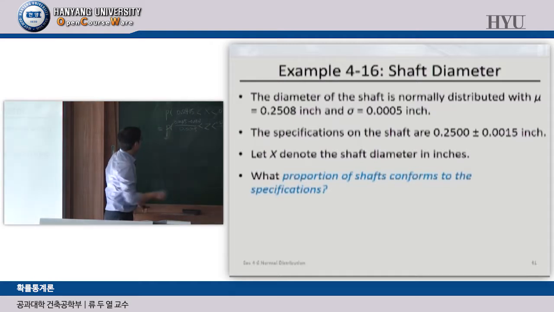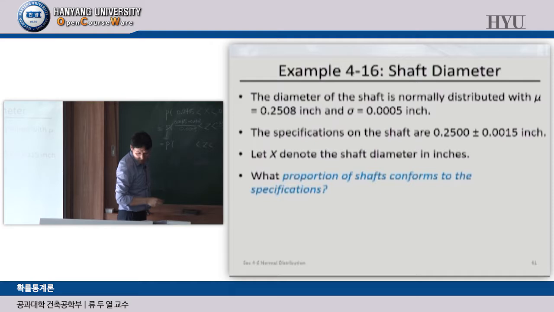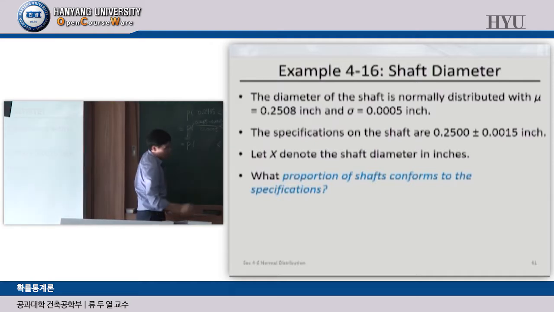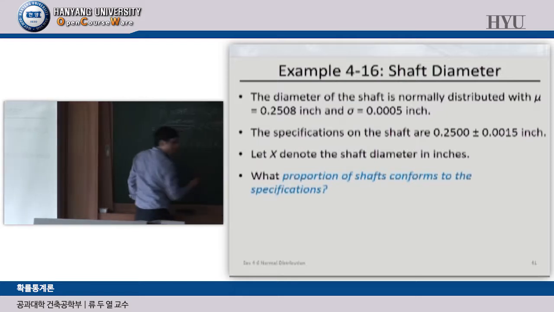Okay? So this value will be the probability of z between minus 4.6 and 1.4.